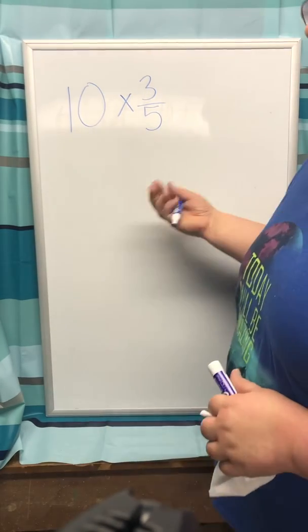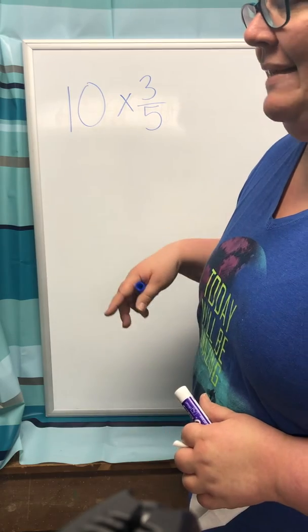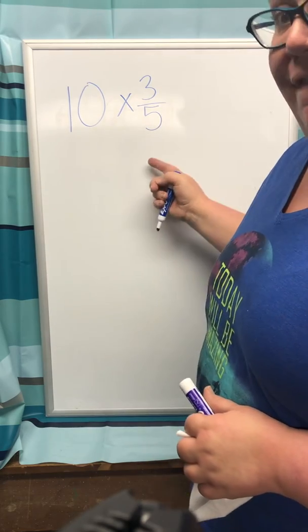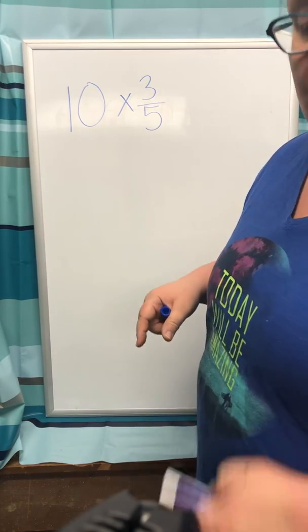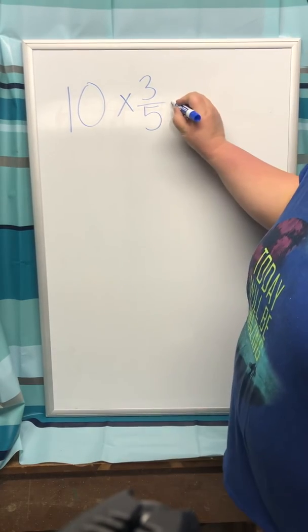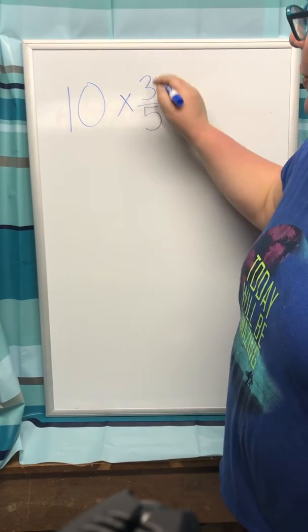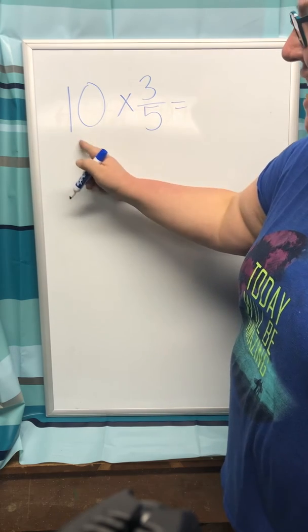Okay, so the Convince Me said find 10 times 3/5, and they want us to use repeated addition. So I know that I need to do 3/5 10 times.